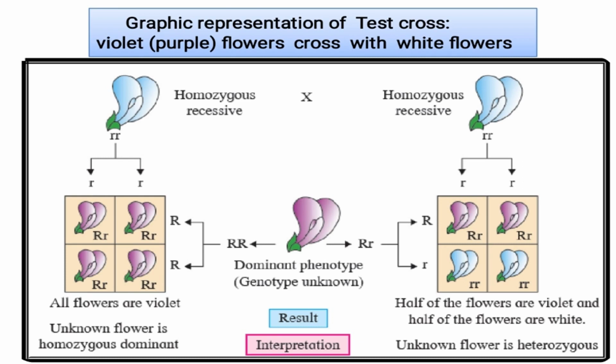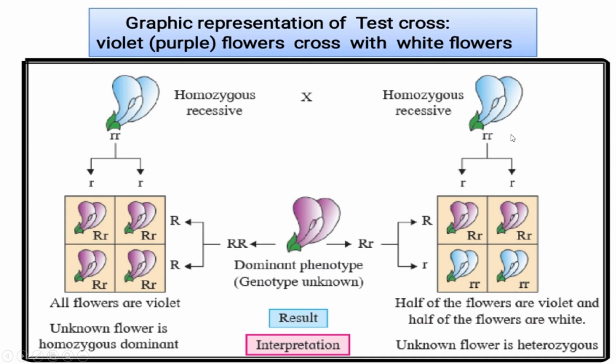As we know, dear students, the test cross is used to find out the genotype, and it is the cross of the F1 hybrid with the homozygous recessive parent. For that we are taking one example here. A pea plant having a violet or purple flower is crossed with a pea plant with a white flower, which is the homozygous recessive plant.